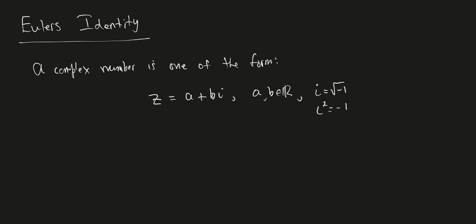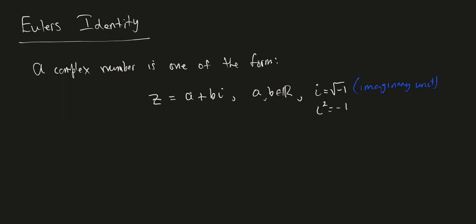The second term is a real number times what we call the imaginary unit, right? So this is called the imaginary unit. And it is the building block of all imaginary numbers and complex numbers, right?